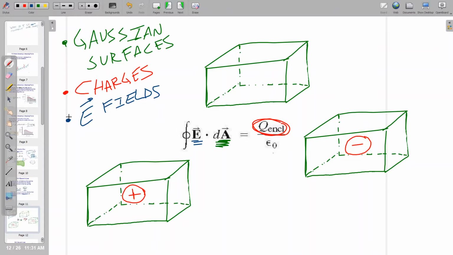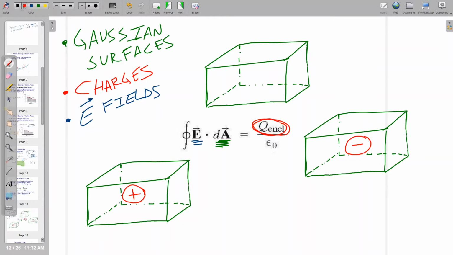Remember, Walter Lewin used this analogy of charges being like sources or sinks for electric field lines. You can think about positive charges as being like the blowing source of a fan, something that's blowing air out, and negative charges as things that are sucking air in, right?